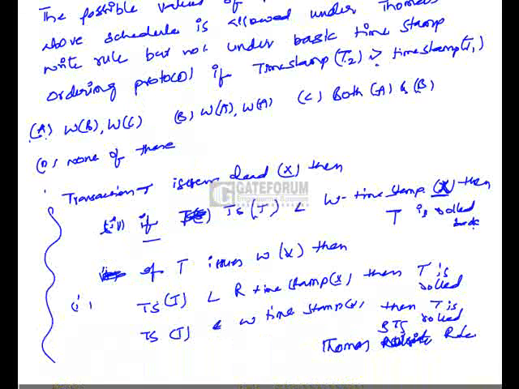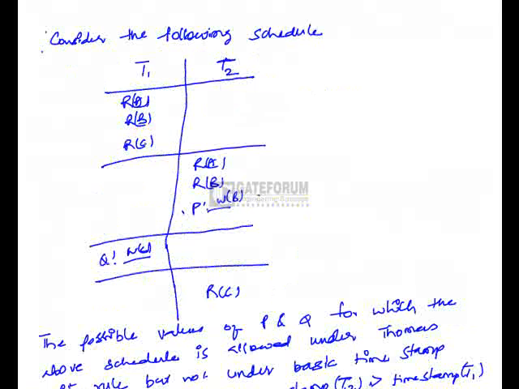Here the timestamp of T2 is greater than T1, and T1 has read the data item B earlier. So the timestamp of T2 is greater than the write timestamp of B, and there will not be any problem with this one.